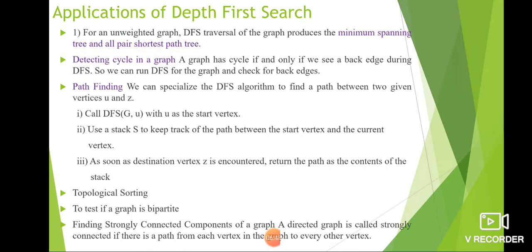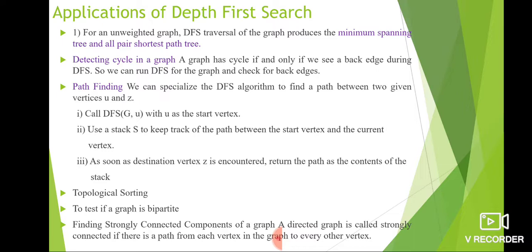In order to find the path, you can go with DFS: you call the function DFS from the starting vertex and use the stack concept to find the path.